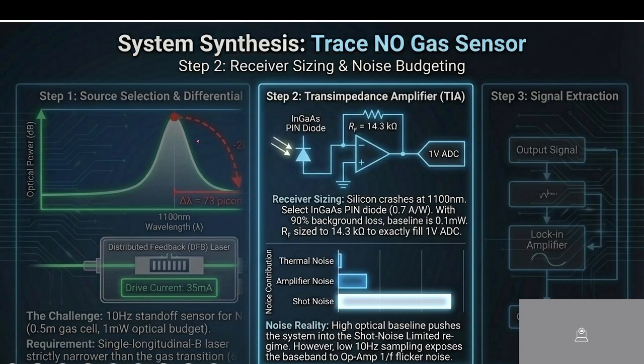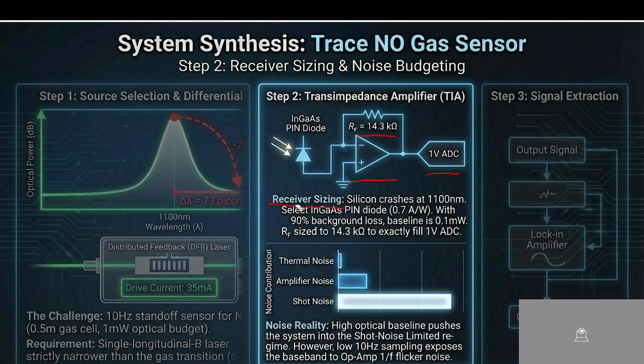Moving towards the next thing, which is a transimpedance amplifier, TIA. For that, an indium gallium arsenide photodiode can be attached to the TIA with a feedback resistance. For the receiver sizing, silicon crashes at 1100 nanometer.